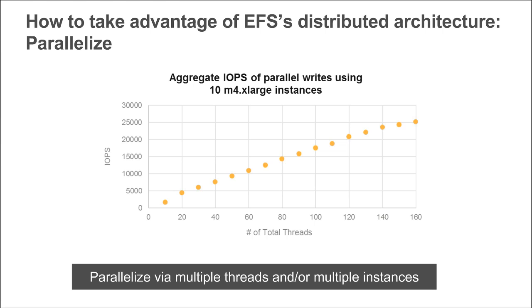This was across 10 M4 X large instances where we did a bunch of parallel writes. You can see basically linear scaling: as you increase the number of threads, the aggregate number of IOPS increases. So if you have the ability with your application to parallelize, you can really leverage a lot of that parallel support that EFS provides from a performance perspective.